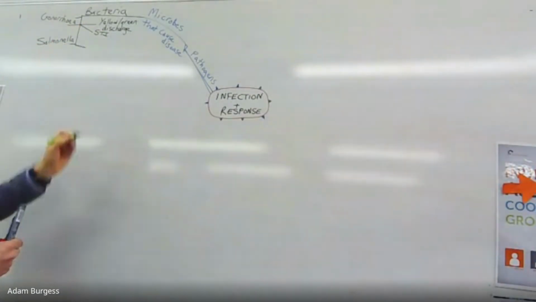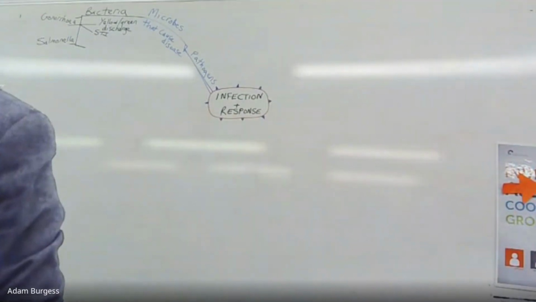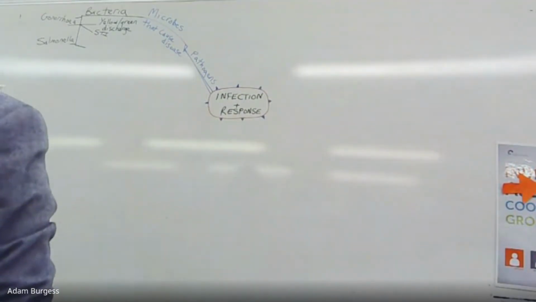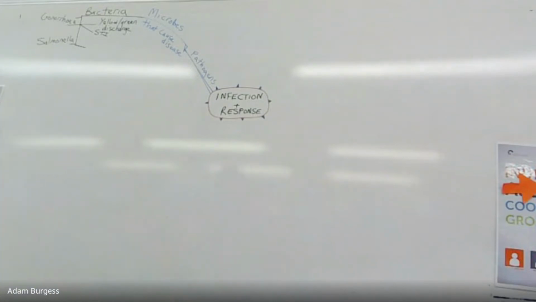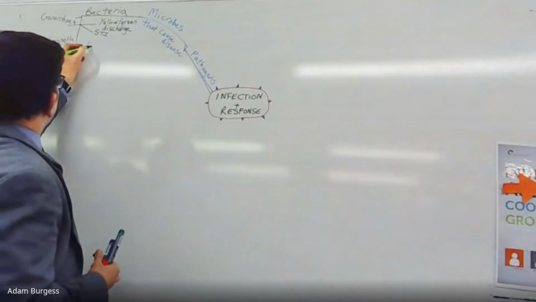Salmonella, okay, so with salmonella you get nausea, vomiting, abdominal cramps, fever, and you get it from eating infected food.